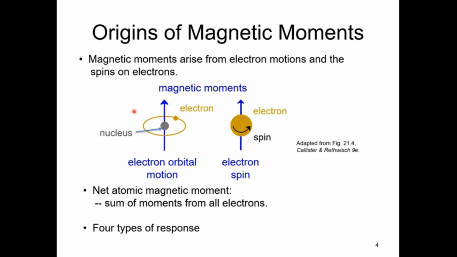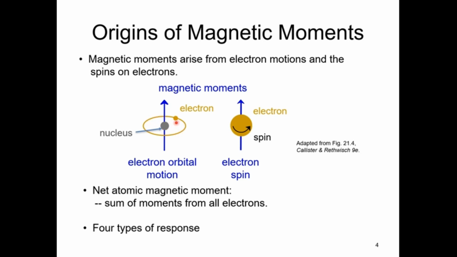First, each electron in an atom has motion related to its orbital motion around the nucleus. So this is our nucleus, this is our electron.